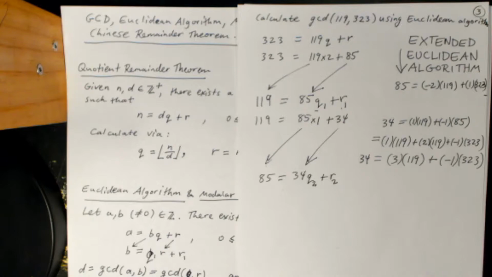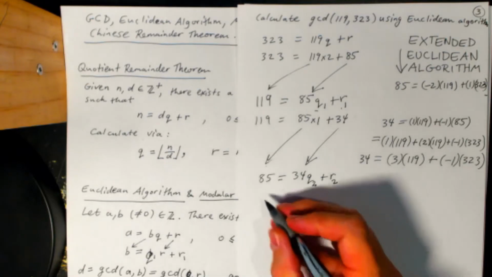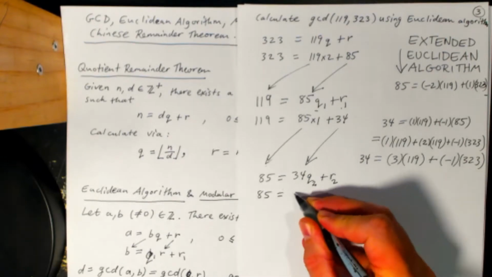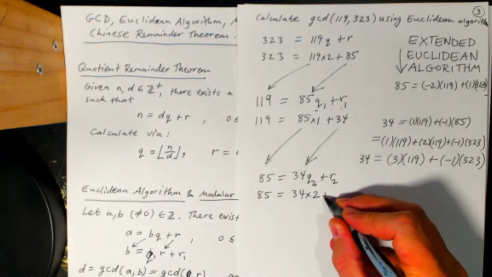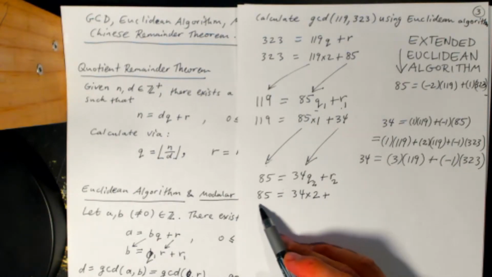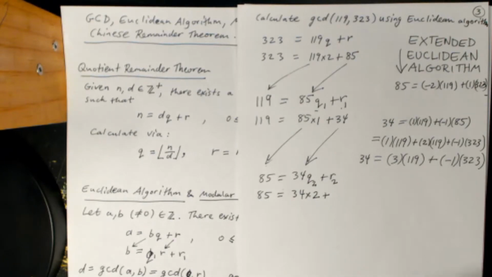In this case, it's probably about 2. So 34 times 2 is 68. But if we have a quotient of 3, that would be too high. So we'll say 85 is equal to 34 times 2, and then the difference between 85 and 68 is 17.